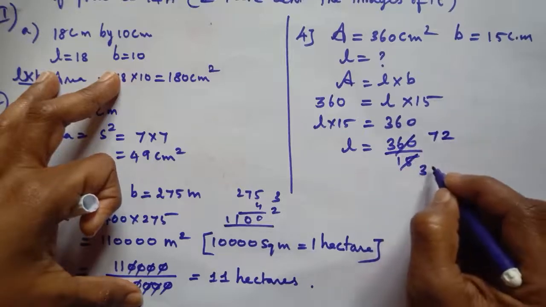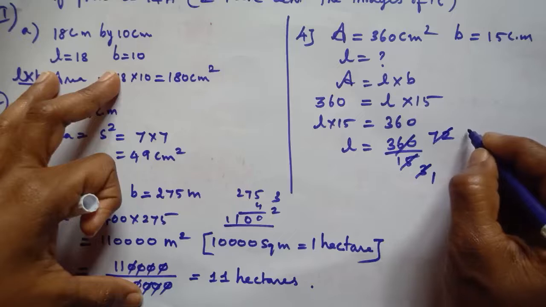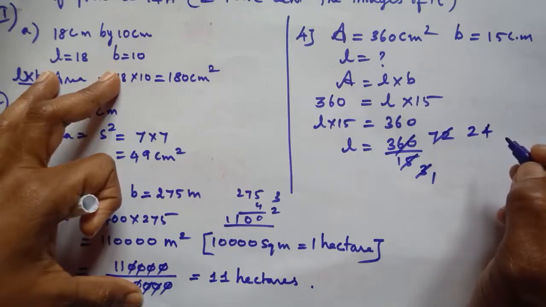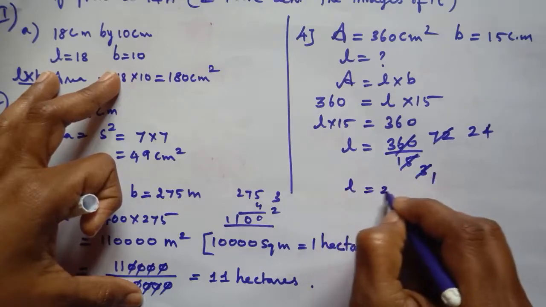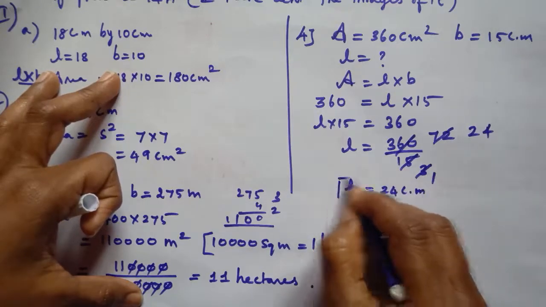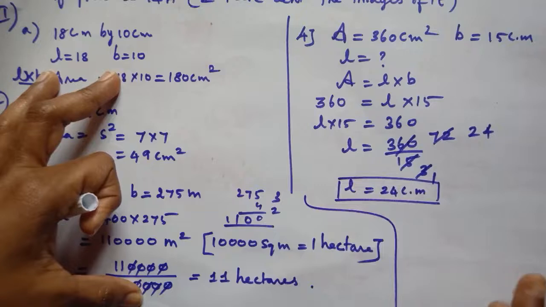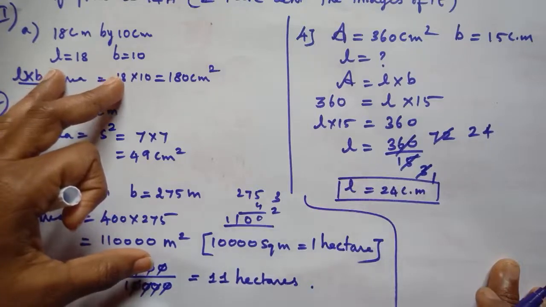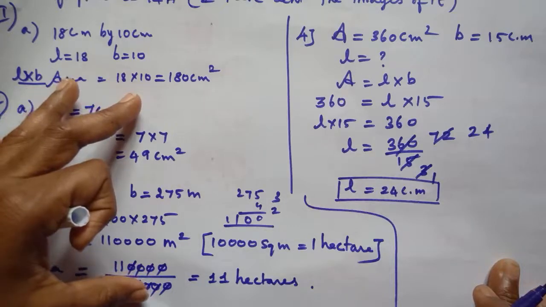Then 1 3 is 3, 2 3s are 6, 12, 4. So what is the answer here? L is equal to 24 centimeter. Is it clear, students? Good. Then B question is homework. If you have any doubt, please ask me.